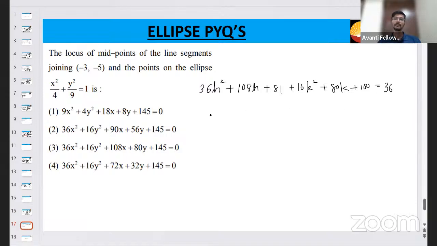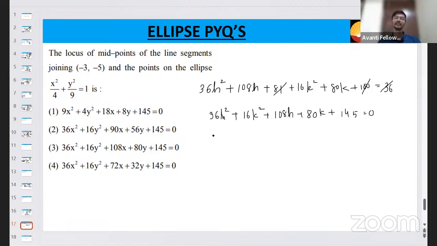So if we rearrange, we'll get 36h square plus 16k square plus 108h plus 80k, plus 100 minus 36 is 64, plus 81 is 145, is equal to 0.